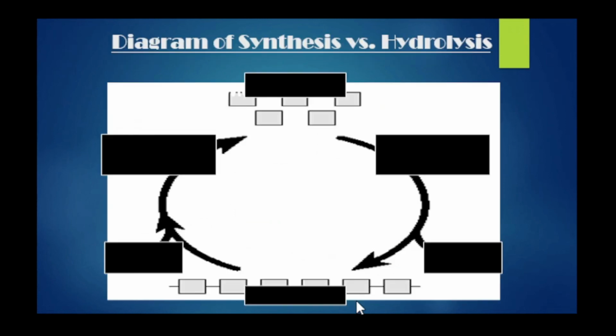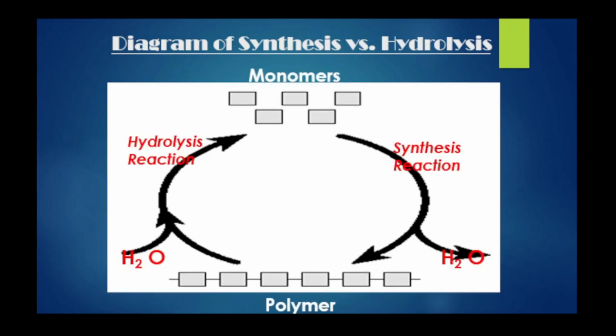Okay, this is a simple diagram that I have downloaded from the internet. I forgot to get the link para makita ninyo. So this is the diagram of dehydration synthesis and hydrolysis.